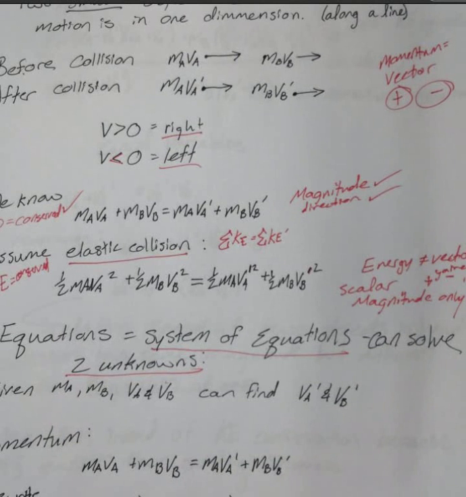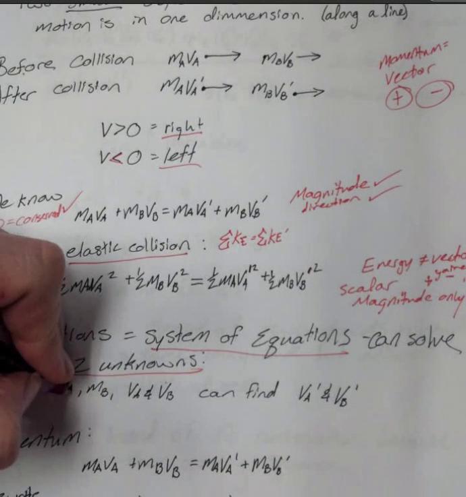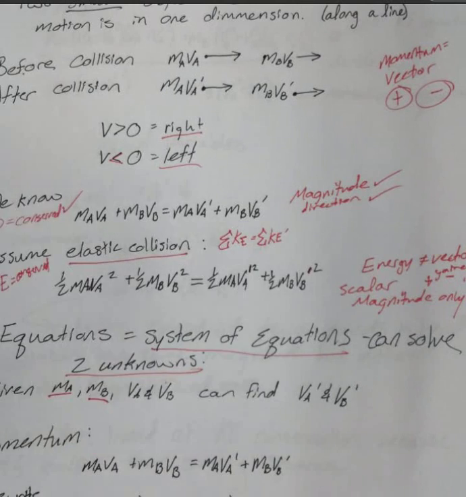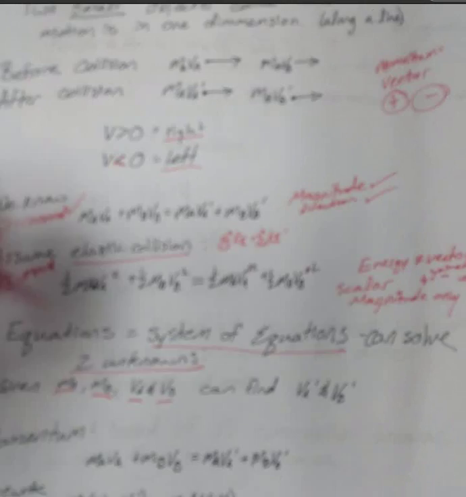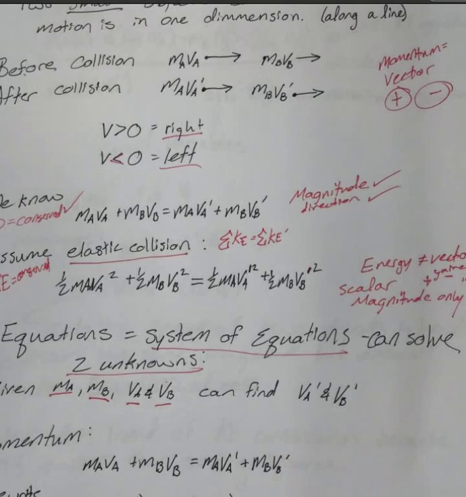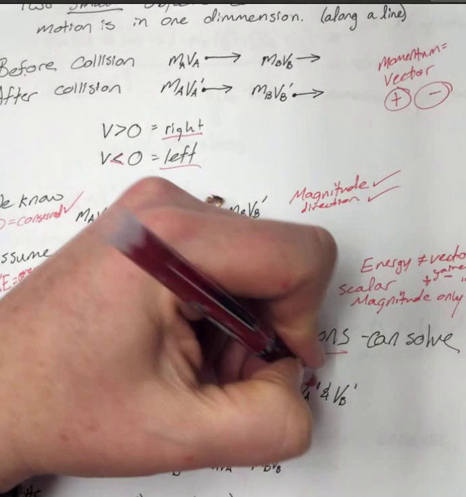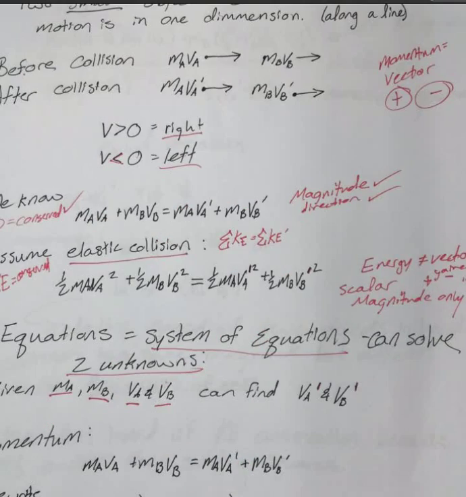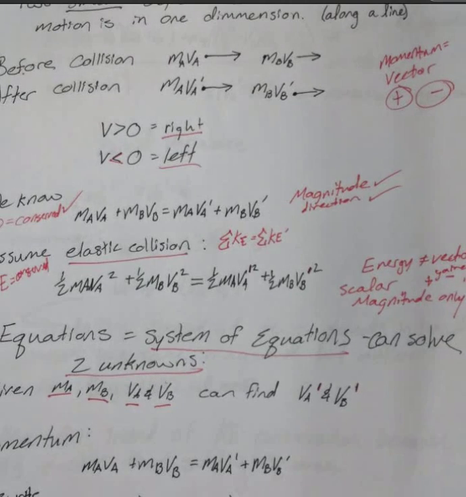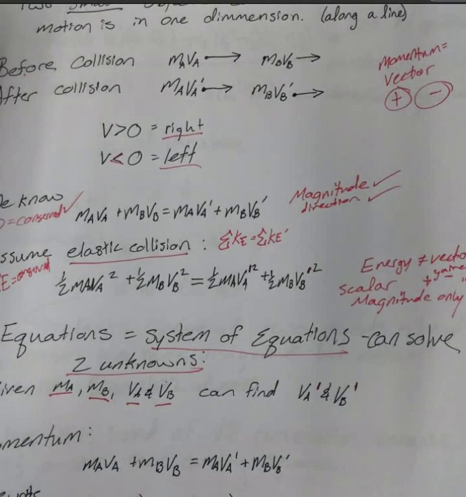So that means that if we know the mass of an object, the mass of the other object, and the initial velocity of both of those objects, we can find two unknowns. We can find the final velocity of the first object and the final velocity of the second object. So let's take a look at how that's done, because not only is it a little bit neat, but it's also convenient to have that level of equation manipulation.